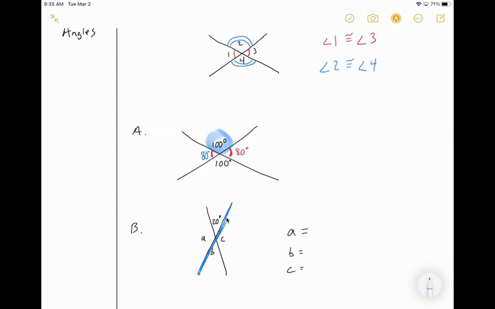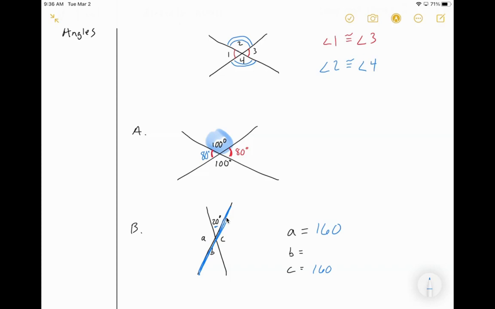All right. So remember, a straight line has to be 180 degrees, right? Straight line's 180 degrees. So if this angle is 20, then A would have to be 160, right? Okay, good. Now, if angle A is 160, what's angle C? 160 also.